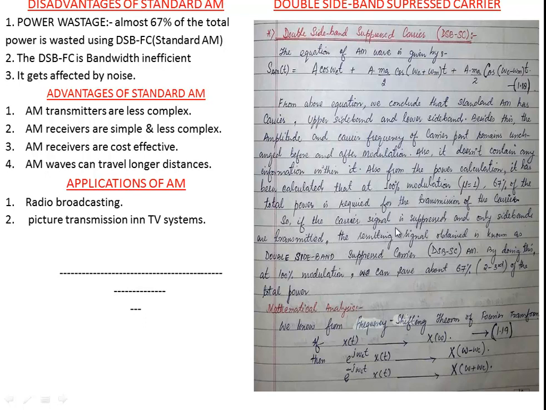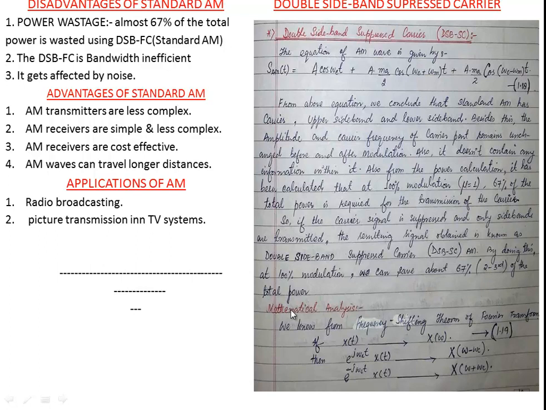So, if the carrier signal is suppressed and only the sidebands are transmitted, the resulting signal is known as double sideband suppressed carrier, DSBSC-AM. By doing this, at 100% modulation, we can save about 67% of the total power.